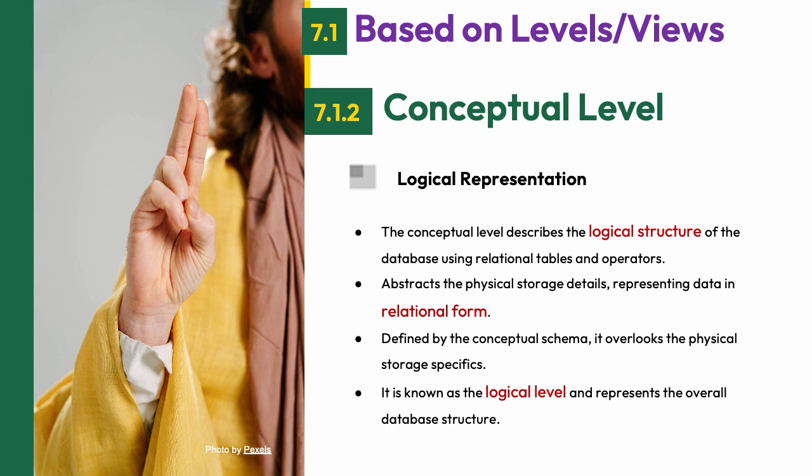Meanwhile, the relationship indicates which books are borrowed by which borrower. You won't see any details about how these tables are stored on disk, how the indexes are managed, or how the data is physically partitioned. Those are part of the physical level, not the conceptual level.